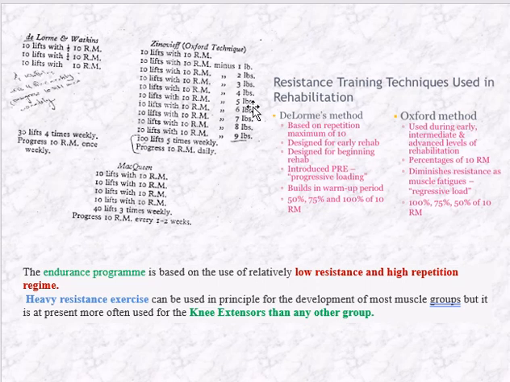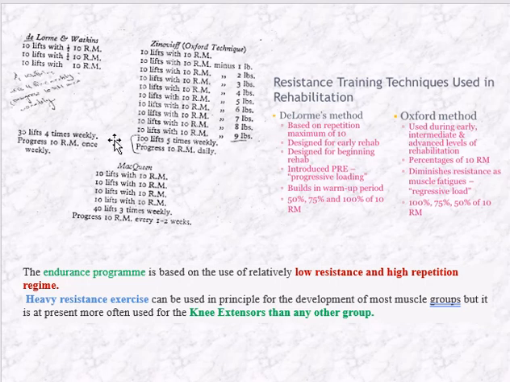Similarly, the Zinovieff Oxford technique says: 10 lifts with 10 repetition maximum, then 10 lifts with 10 repetition maximum minus 2 lbs, then minus 3 lbs, then 4, then 5, then 6, then 7, then 8, 9 lbs, meaning 100 lifts, 5 times weekly, progress 10 repetition maximum daily.